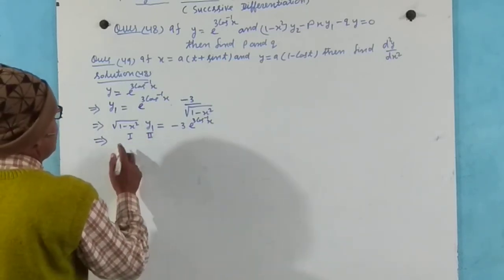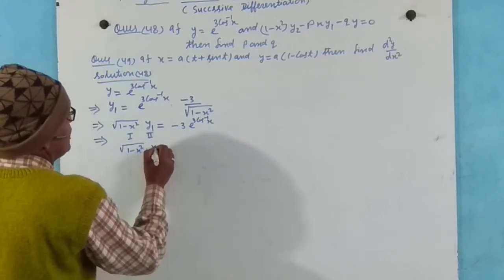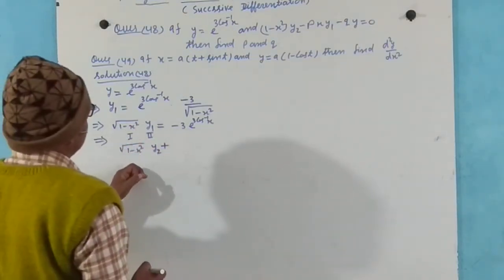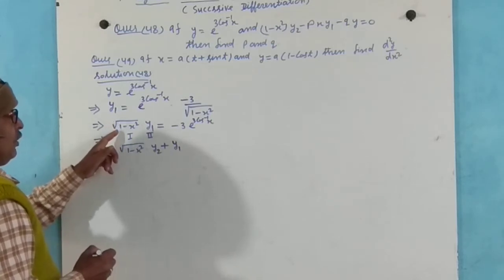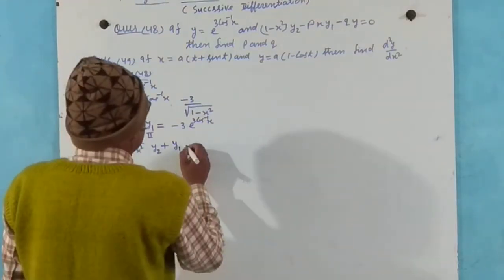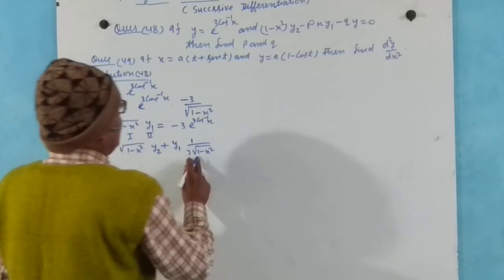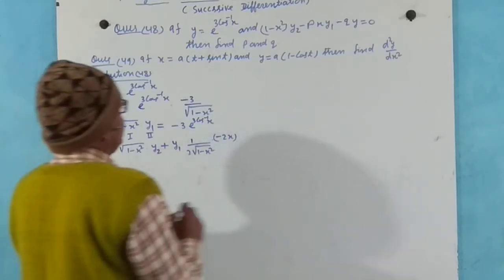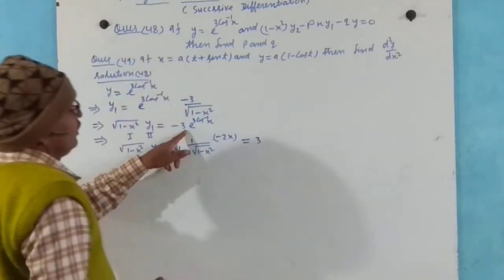The first term is the same, under root 1 minus x square, and the differentiation of y1 is y2, plus y1 same, and the differentiation of the first term, 1 minus x square to the power half, is 1 by 2 into 1 minus x square to the power minus half, and the differentiation of 1 minus x square is minus 2x, and equal to minus 3 here.